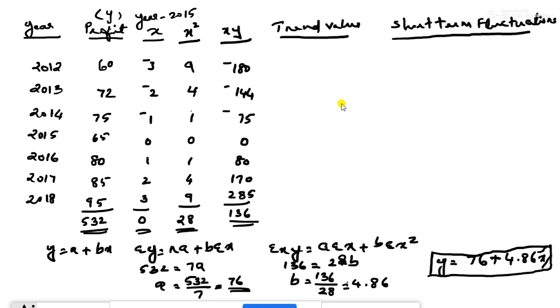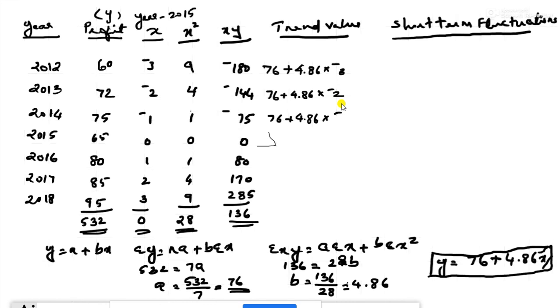So the trend value for 2012 will be 76 plus 4.86 into minus 3. Then next year it will be 76 plus 4.86 into minus 2. Then 76 plus 4.86 into minus 1.